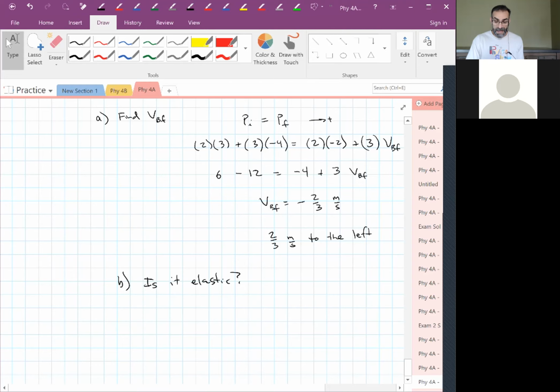That's true, but they bounce off each other, right? They don't stick together. They just bounce off of each other. You're right, it doesn't bounce back.